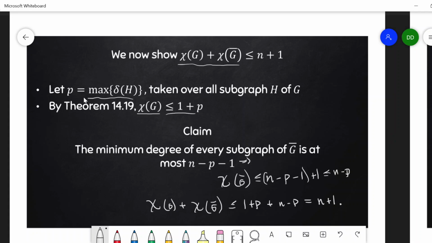Again, I want to show that if the maximum of the minimum degrees in G is P, then the maximum of the minimum degrees in G complement is n minus P minus 1. So suppose not.